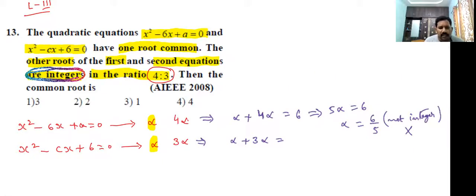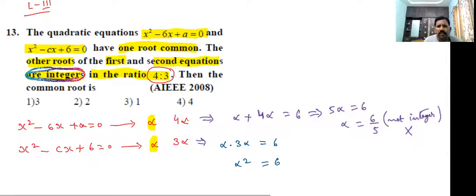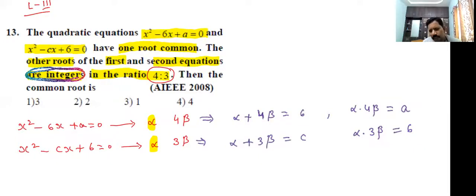Next, in the second quadratic equation, find the product of the roots, alpha into 3 alpha. How much? 6 alpha square, that is 6. Now here 3 2s are 6. Alpha beta value we got is 2.